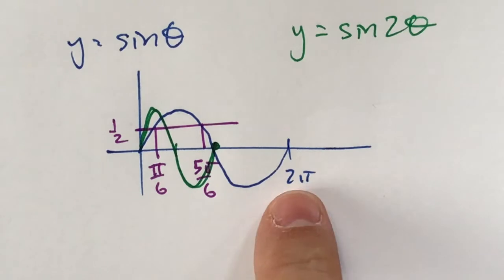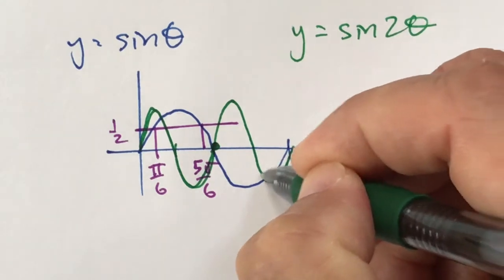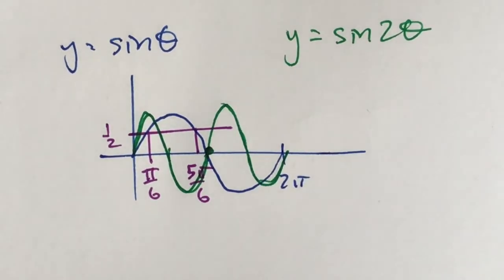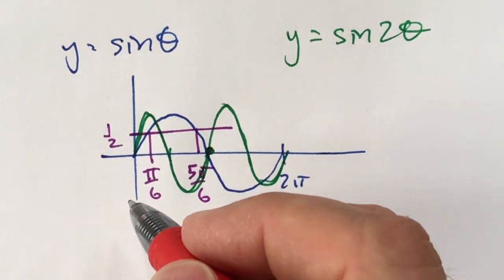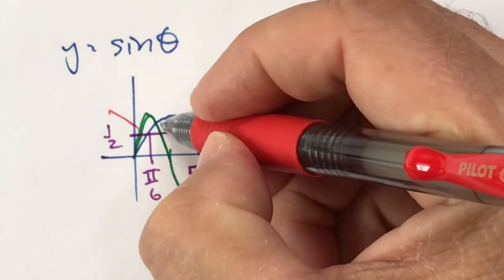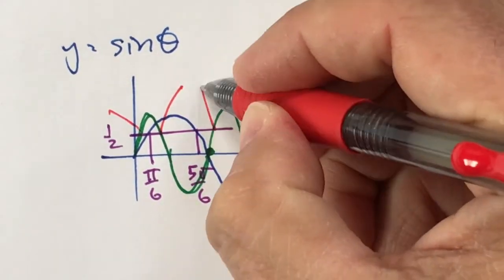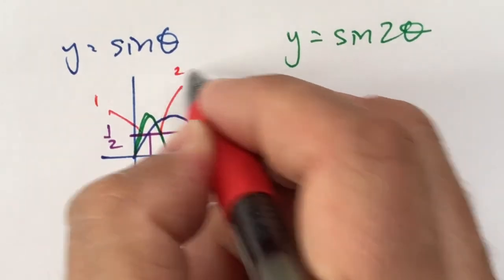But the key is I'm not all the way to 2 pi. So you can see that I would have a whole other cycle right there. And if you can muddle through this, do you see how there would be, I'm zoomed in as far as I can, but there would be one answer there, one answer there, one here, and then one there. So there would actually be 4 answers.